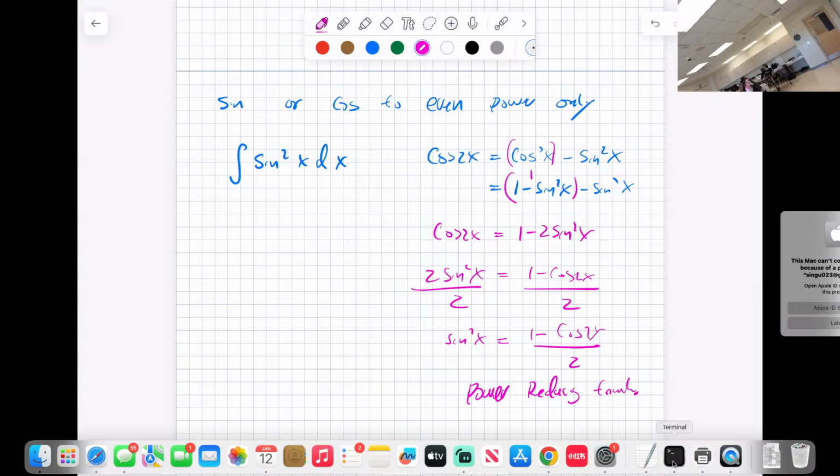Power reducing formula is a little bit different. Then you say, okay, I'll just integrate that. That's going to be 1 minus cosine of 2x over 2.